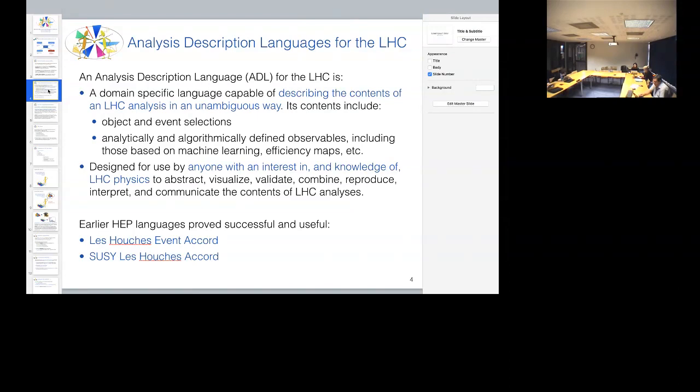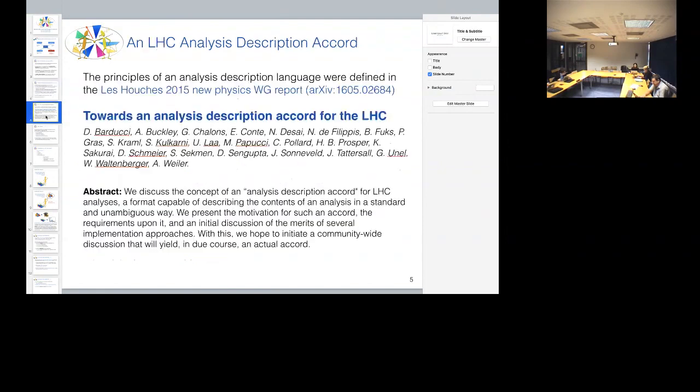Now, we have some experience with simpler versions of this in particle physics, the so-called LINQ event code, SUSY LINQ code, and so on. So we do have prototypes of this approach. We want to extend that to analyses.